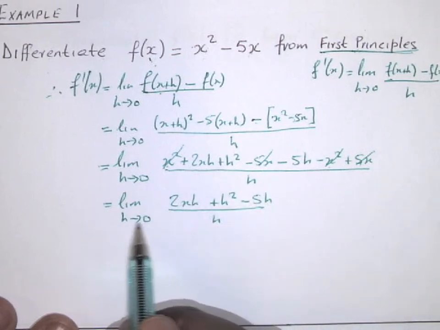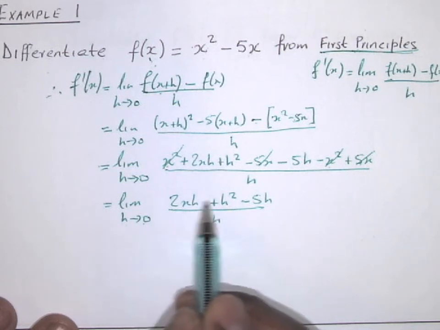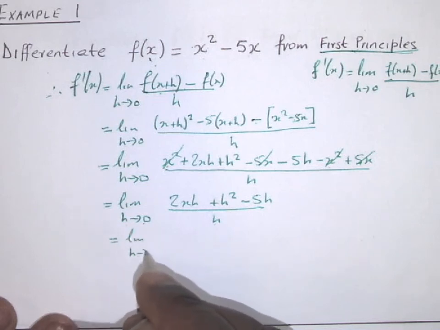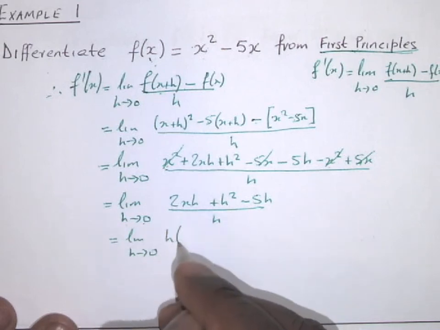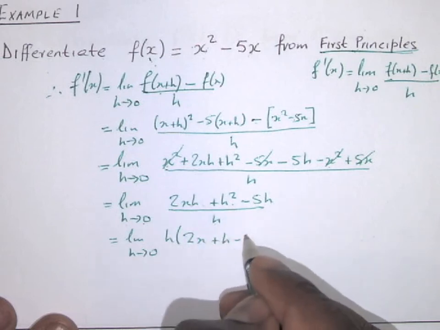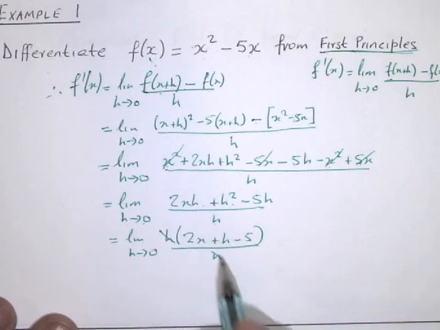I want the limit as h approaches 0. I can't plug in 0 here because it's dividing by 0. There's h on top as well, so I can factorize h as a common factor. So I have h times 2x plus h minus 5, all over h. Now you can see the h cancels h.